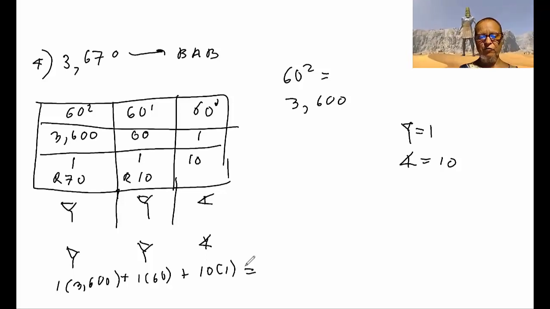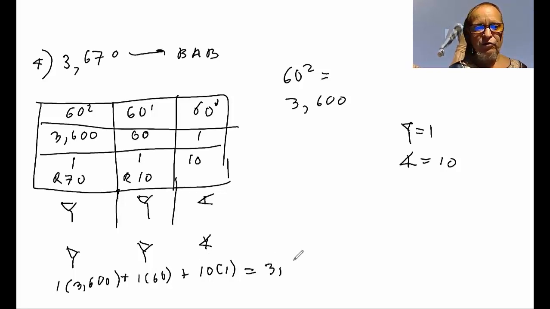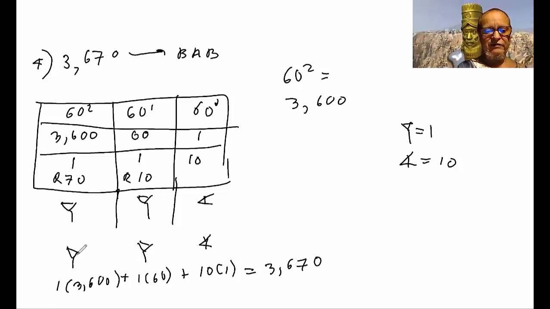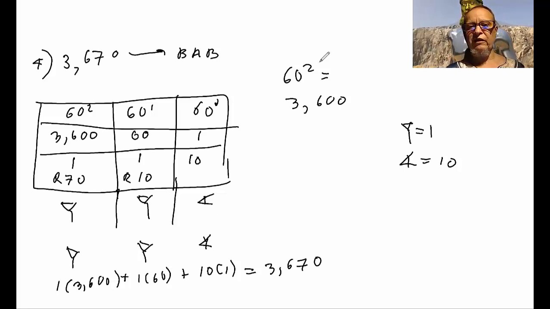And of course, if we add this all up, 3,600, 60, 10, we get back our original number, which means that indeed we did that correctly. So our final answer in Babylonian is this, and this, written across like that.